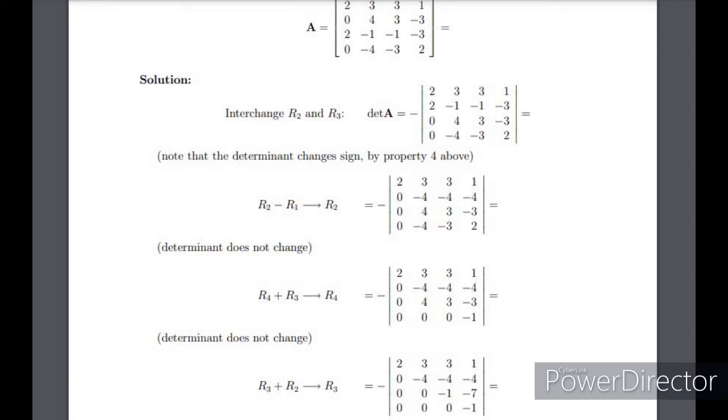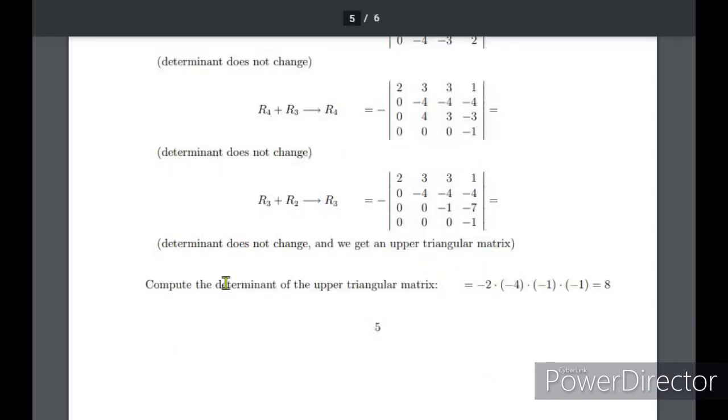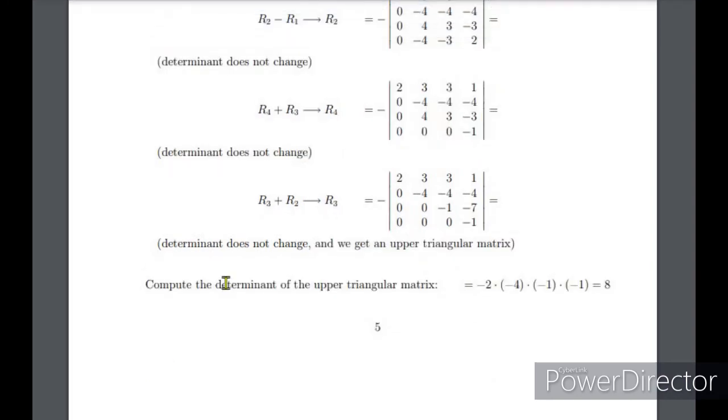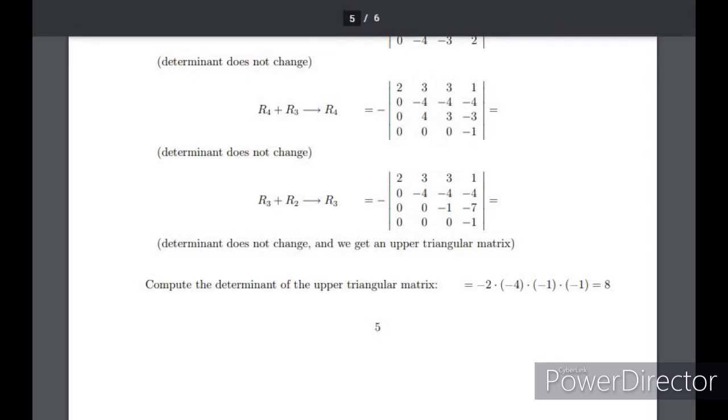because it is stated in the properties of determinants. Next, we add the elements of row 3 and row 2 to get the new row 3. From this previous matrix, we just add them. The elements of row 3 start with 0, so 0 plus 0 is equal to 0. That's why the first element in row 3 is 0.